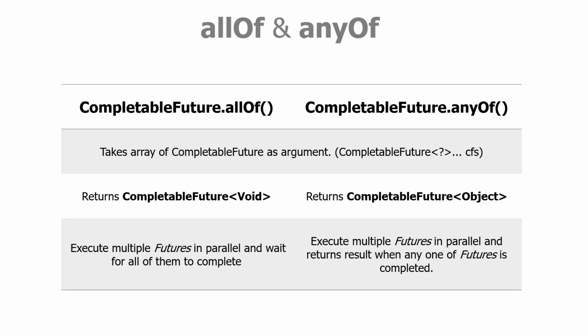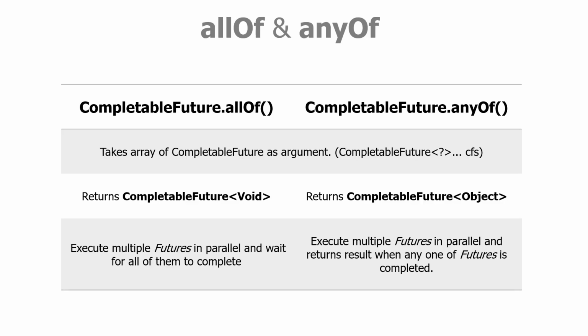Now allOf waits until all the futures are executed, and whatever futures we are passing, they are executed in parallel, and anyOf finishes once any one of those futures is completed. So say you have a use case where you are calling 4 services, and it is fine for you to complete your work once you have a response from any one of those services.